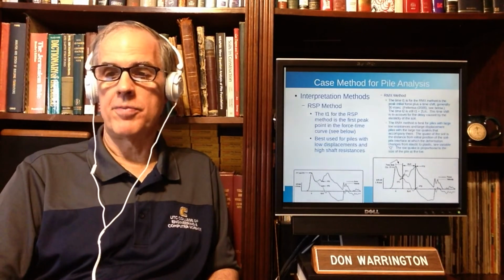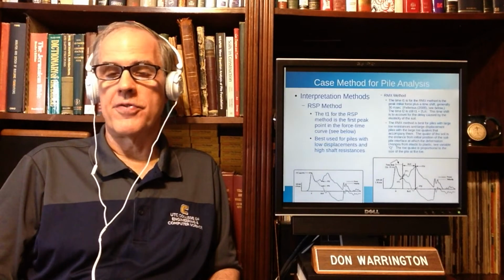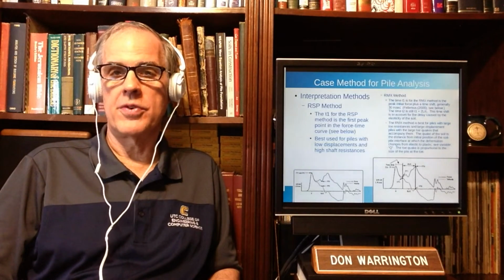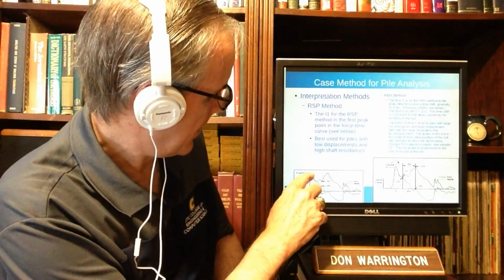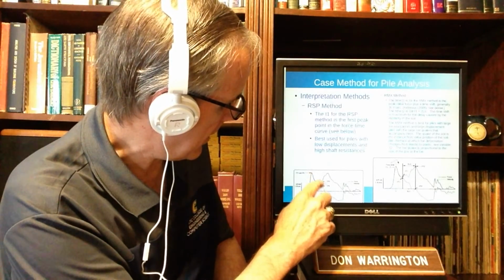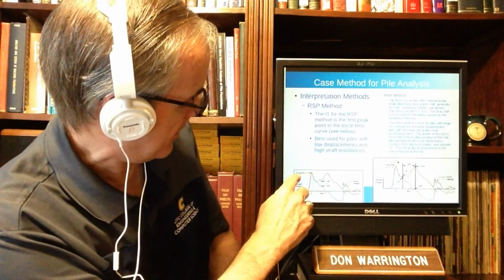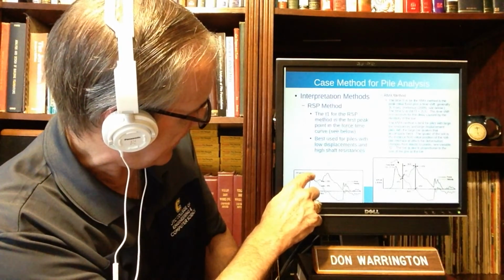First, the RSP method. T1 for the RSP method is the first peak force in the force time curve, as below. In other words, this is point 1, point 2, and surprisingly, F at T1 and ZV are the same.